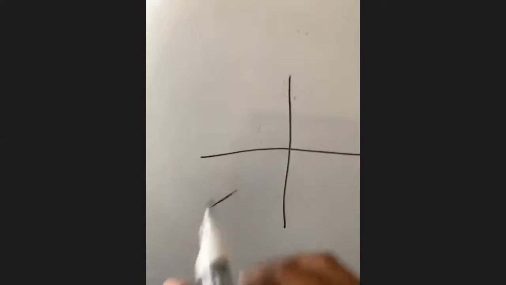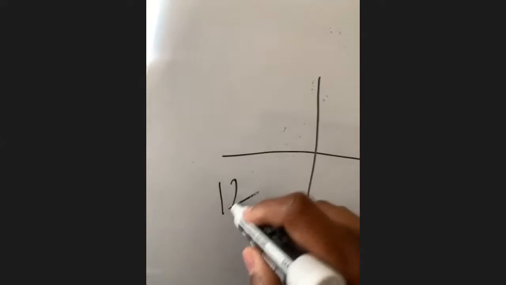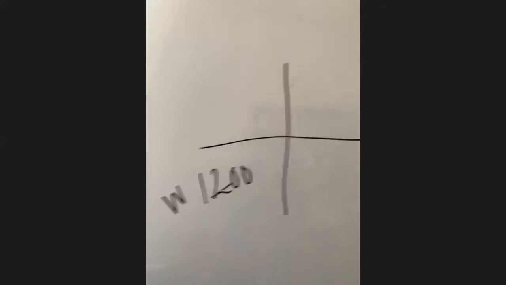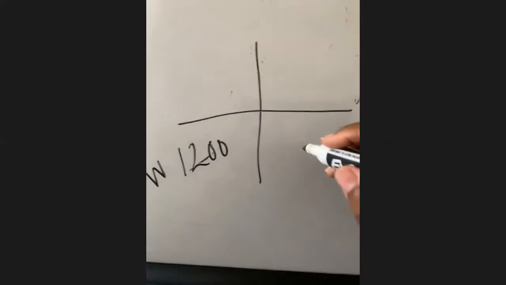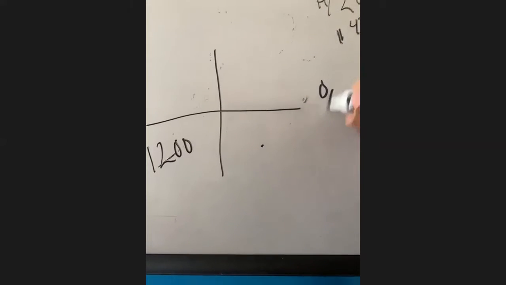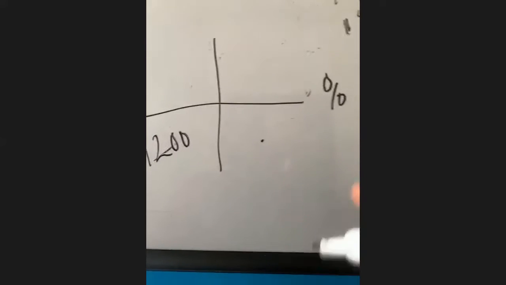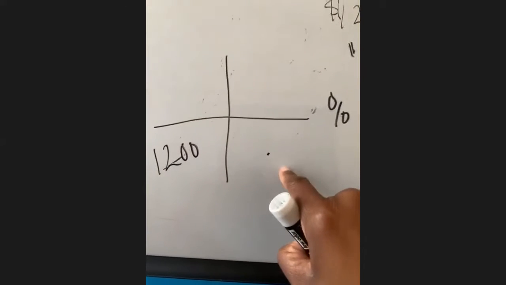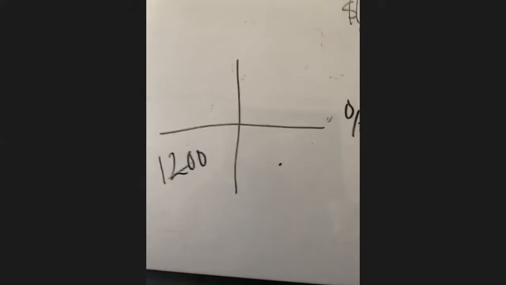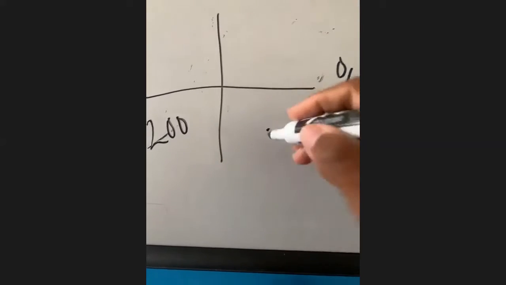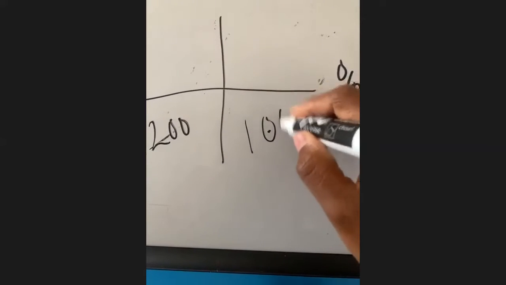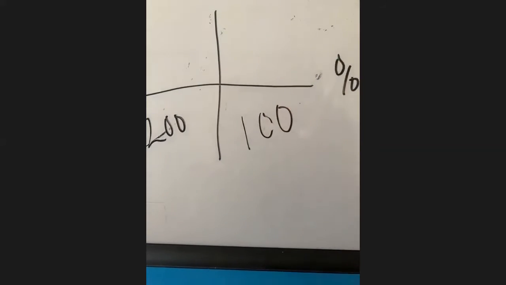You have the whole here, 1,200. That's your whole, right? What goes over here? I told you percentages always go to the right. So what goes here? A percent is always of a whole of how much? Okay, if you said 100, you were right.